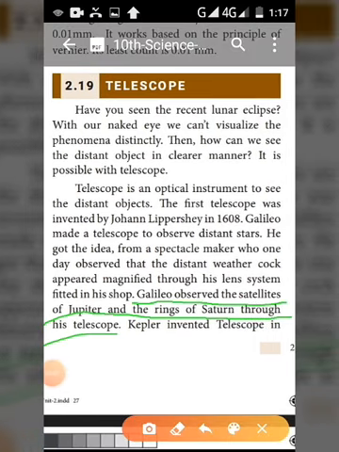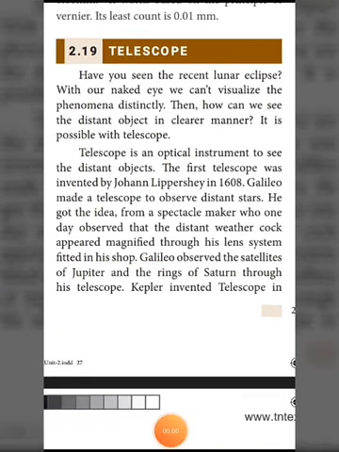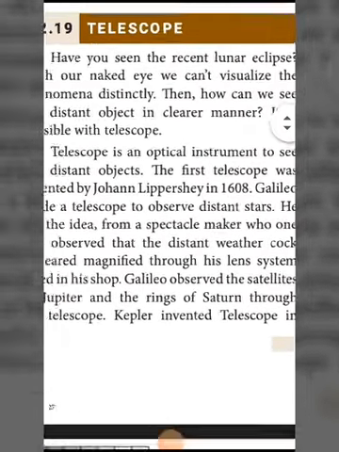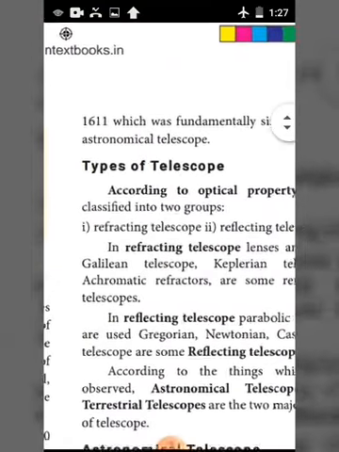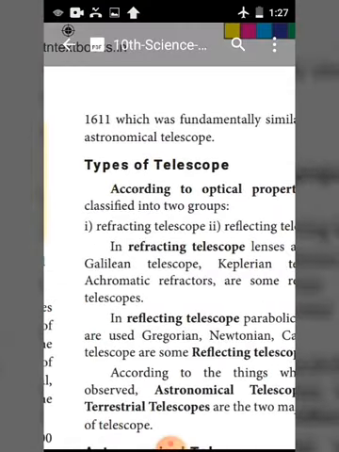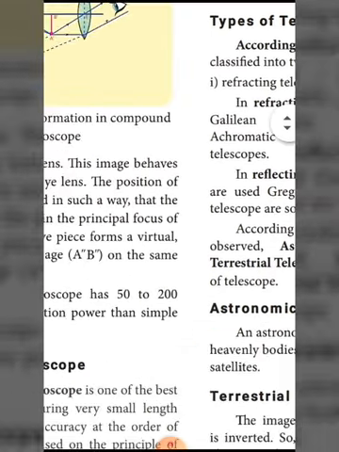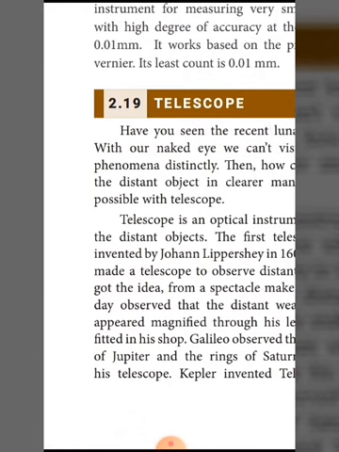And he observed the satellites of Jupiter and the rings of Saturn through his telescope. And he also invented one telescope in the year of 1611. It is basically similar to astronomical telescope. So, who discovered the first telescope and when?